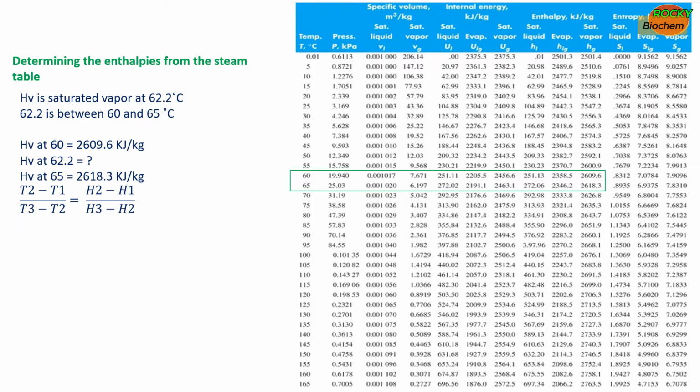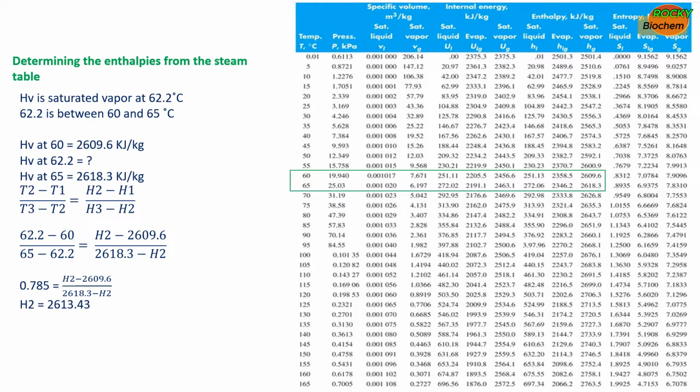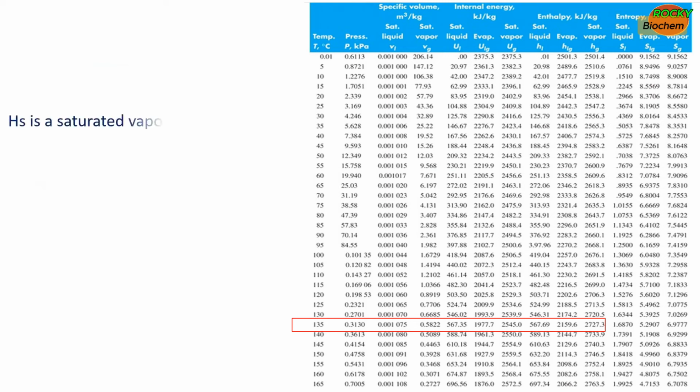When we fix in the values and work out for H2, we get H2 to be equal to 2613.43 kilojoule per kilogram.